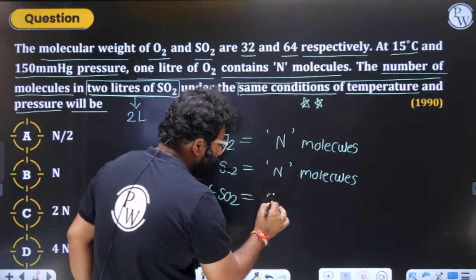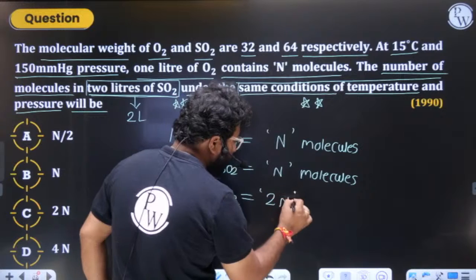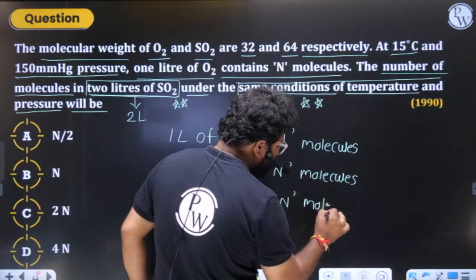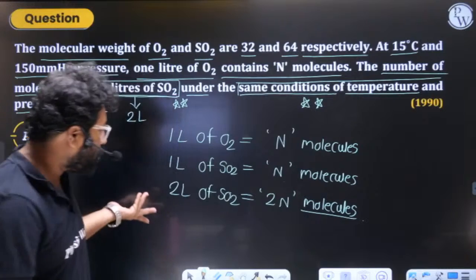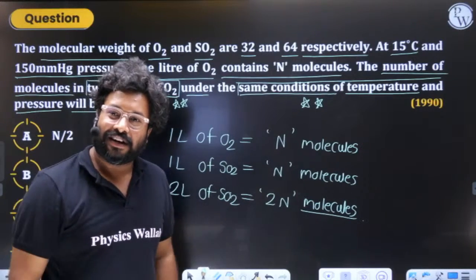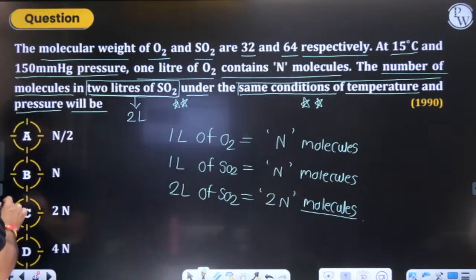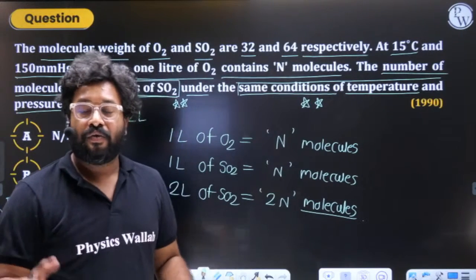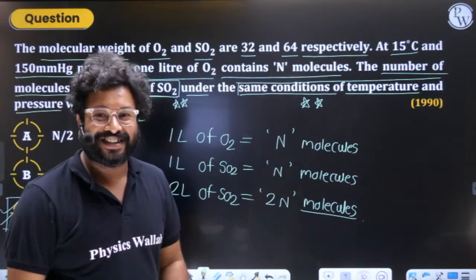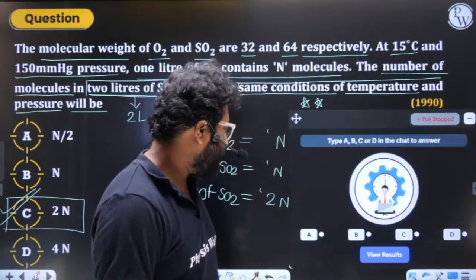It is going to contain 2n molecules, right? Straightforward and easy. Clear? And that's why the correct answer is option C, 2n. 2 liters of SO2 going to contain 2n molecules in it, and that is why option C is the correct answer.